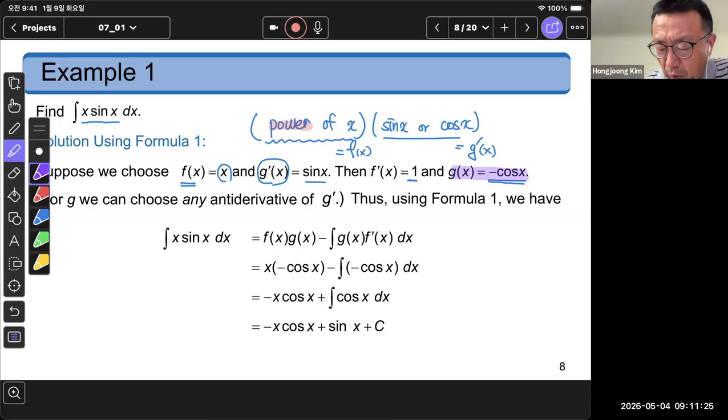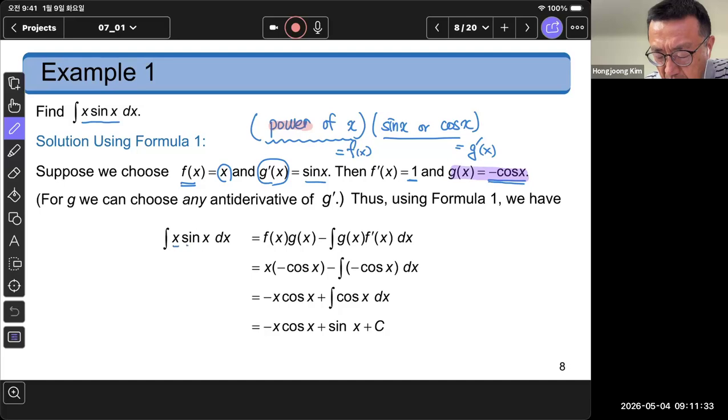And then what is the formula of the integration by parts? If f of x times sine x corresponds to f of x times g prime of x, then the integration by parts tells you that the integral will be f of x times g of x minus the integral of g of x times f prime.